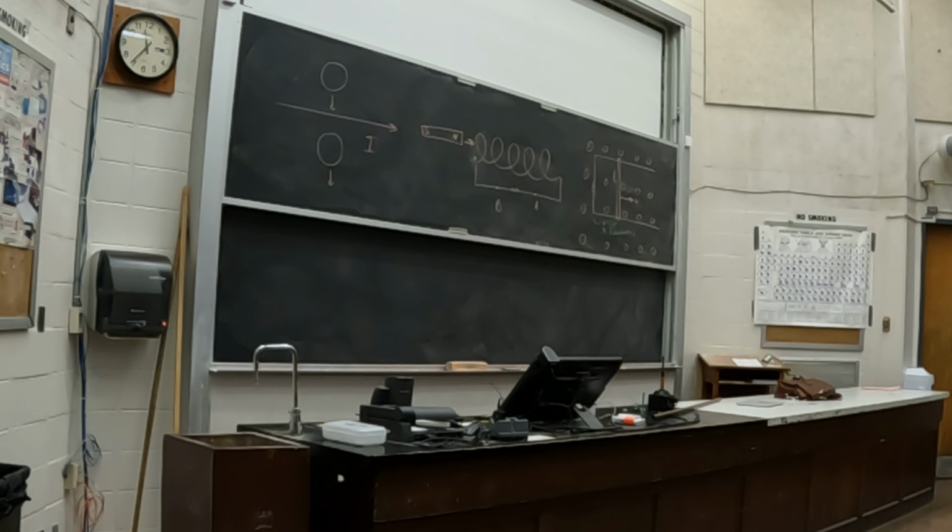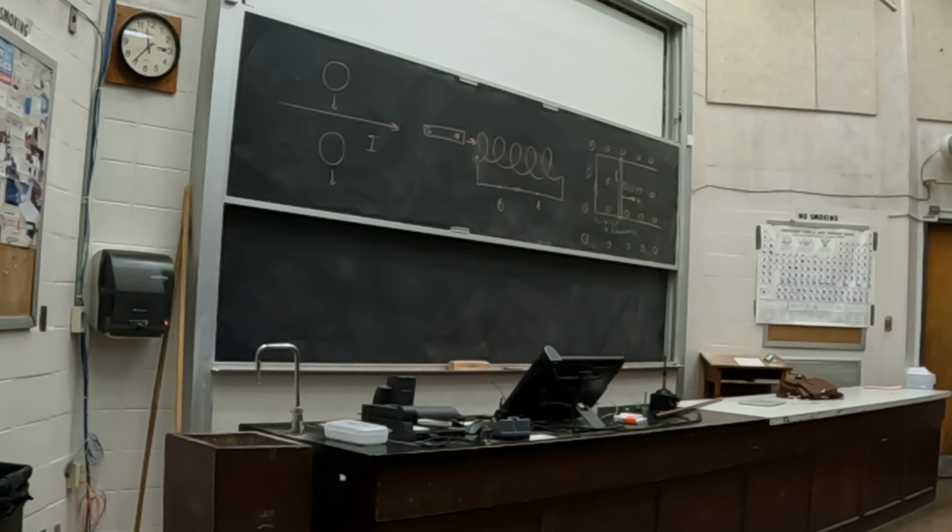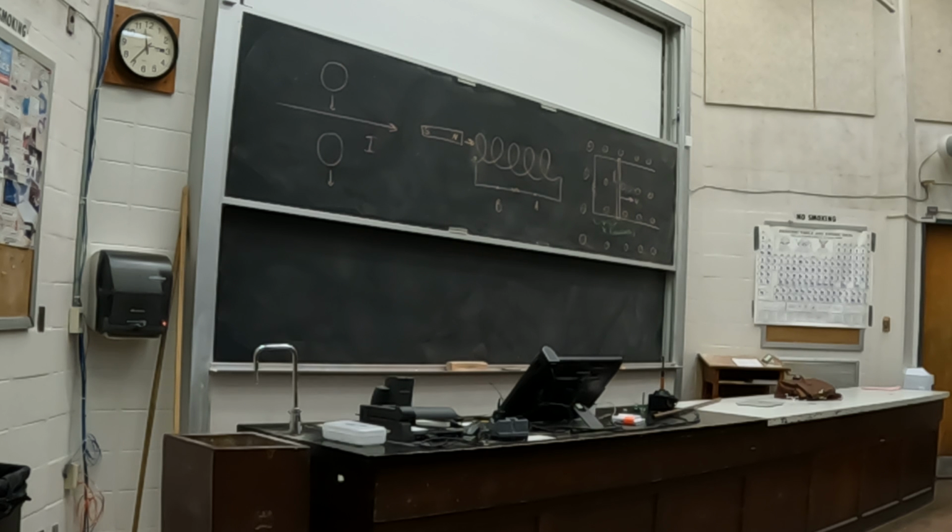So wait, is that arrow the current, or is the current being induced by that magnet? I think it's being induced by the magnet. Okay, so if that's the case, then this is the current, and it goes towards the south. And then I would treat this as a straight wire, because if it coils, then I would just center.